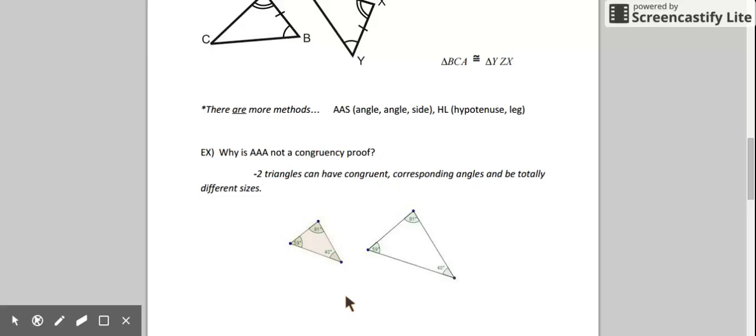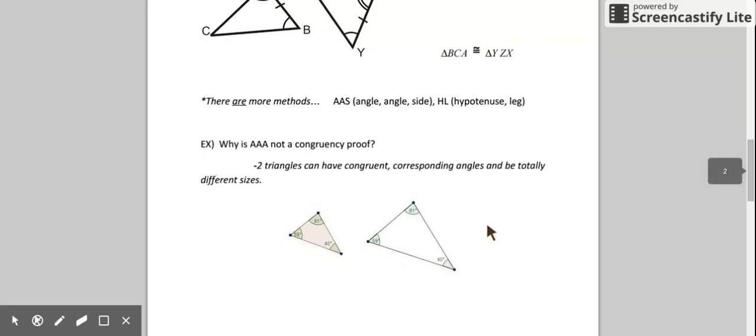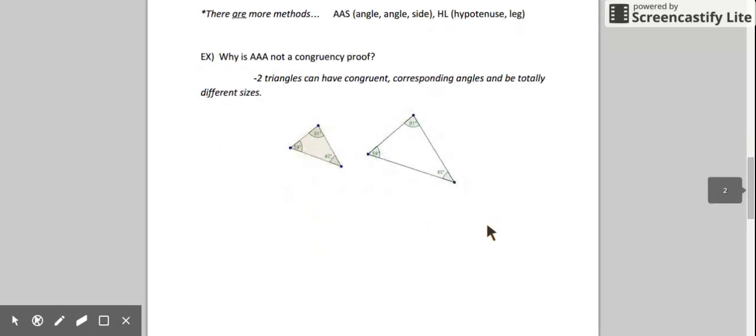And we can see an example here where we have 2 similar triangles. We have congruent corresponding angles, but just because the angles are the same measurement does not determine the size of the shape. We can make the lengths of these triangles any size, even if the angles are the same measurement. So not enough to determine congruency, just similarity.